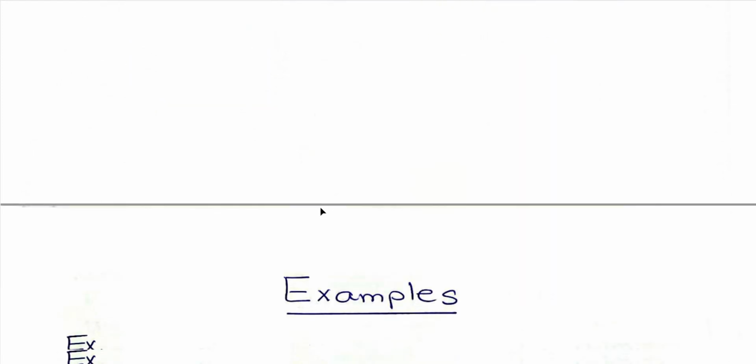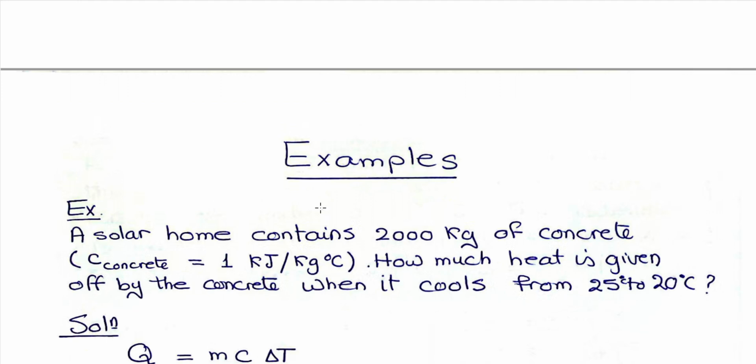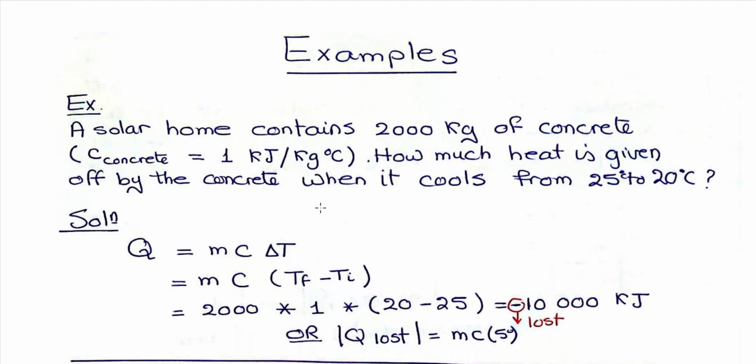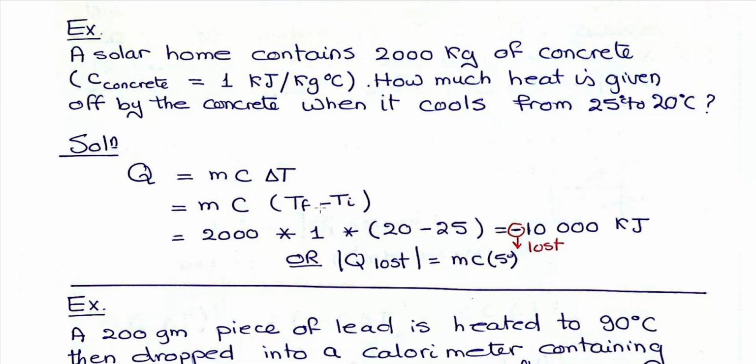We have a solar home that contains 2000 kilograms of concrete, and the specific heat of concrete is given. It is required to calculate the amount of heat energy the concrete will lose when cooling down from 25 to 20 degrees. Simply, to calculate the heat energy, it is mc delta T.